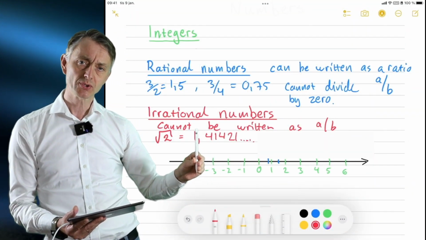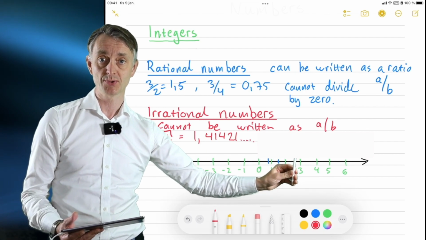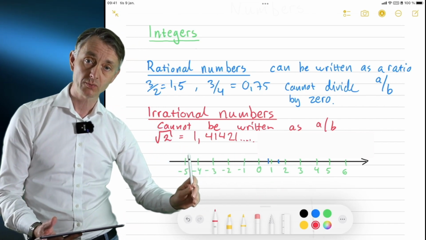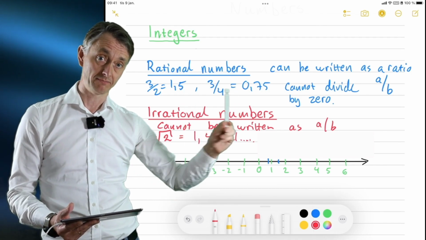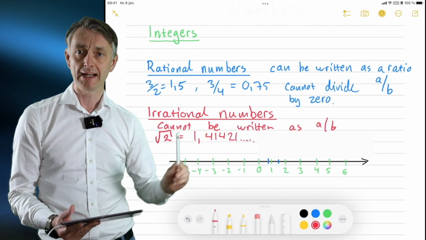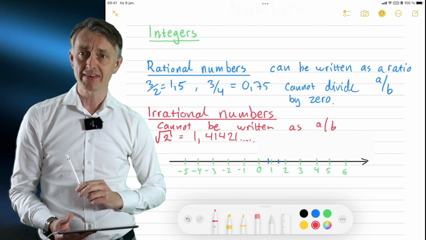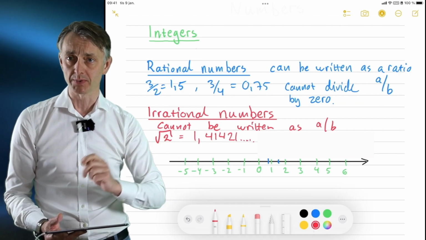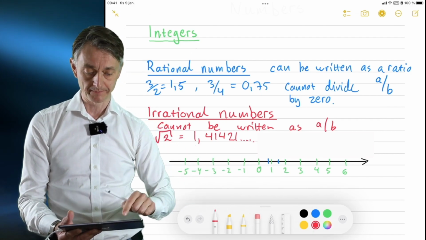And when we use all these, the integers, that was again 1, 2, 3, 4, and the negative ones, the rational numbers, so they can be written as a ratio. And when we also add the irrational numbers, do we then have any gaps? No, because then we can cover the whole number line.